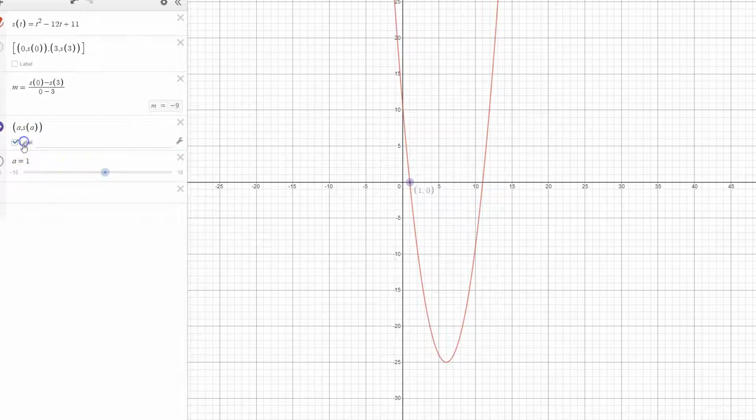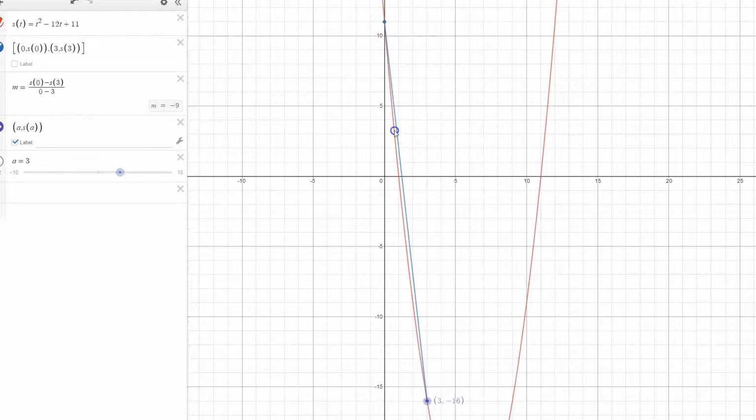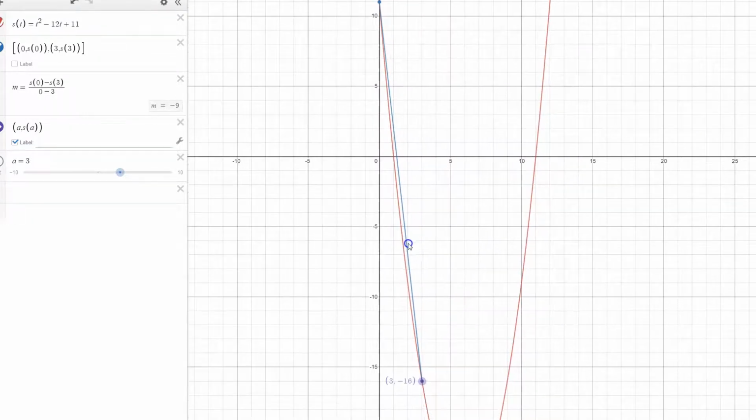So here's 0 and 11, and then at 3 seconds. So here, now if I plot that in, what we find is that it forms a straight line between there and there.